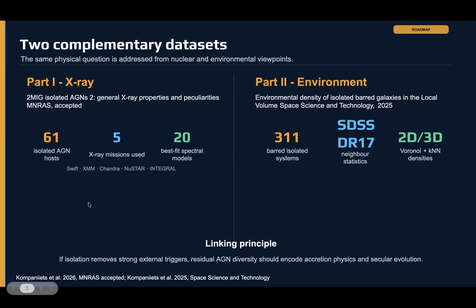Unfortunately, in our small sample we now have only 61 isolated AGN host galaxies. So we tried to search all available data in the X-ray band which we can use for the study of X-ray properties. As a result, we use 5 X-ray missions here.